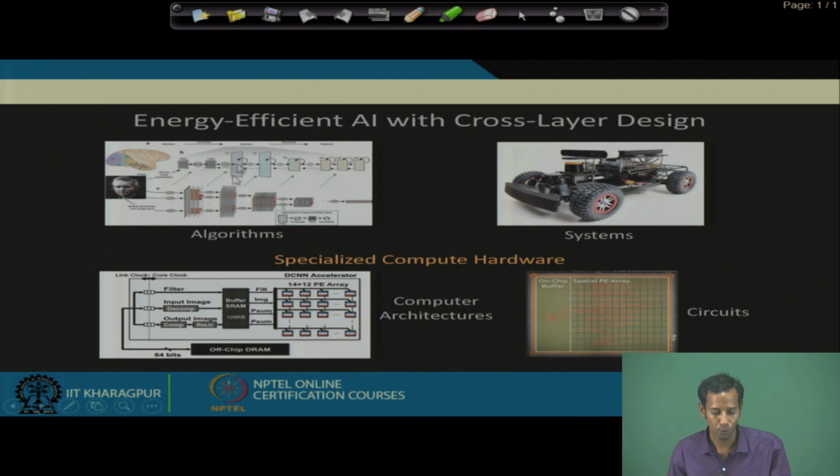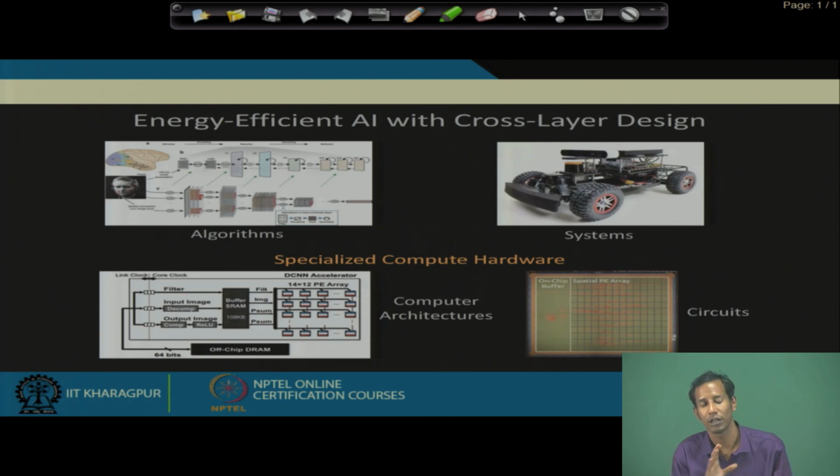So, we need innovation at the algorithm level, at the system level, at the circuit level, and at the computer architecture level. Everywhere I need innovation.